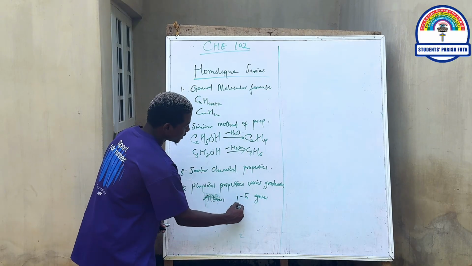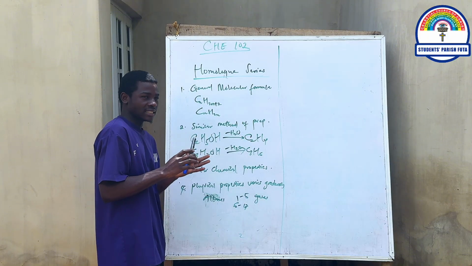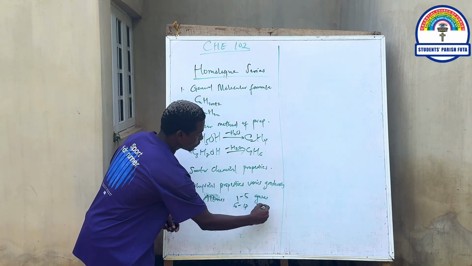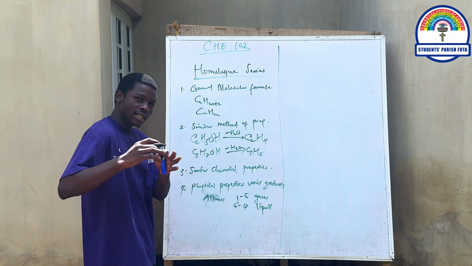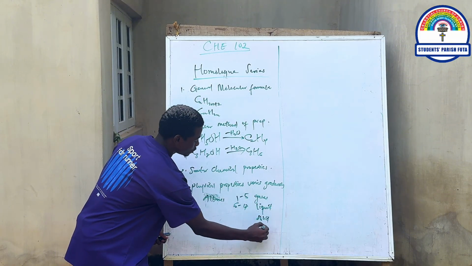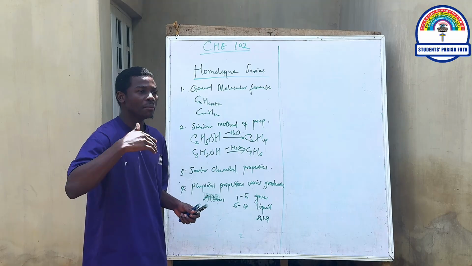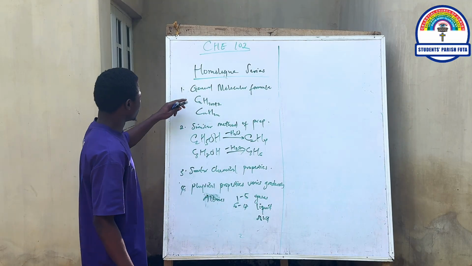As you go down, from a very light gas to a denser gas, they gradually start becoming liquid. The forces in them start getting stronger. So 6 to 17 are liquids. The forces become very strong at some point, and it turns to solid. So the likes of the higher members like eicosane, the 20th member, 21st, 22nd, and so on, they are solid. So we've spoken about general molecular formula.